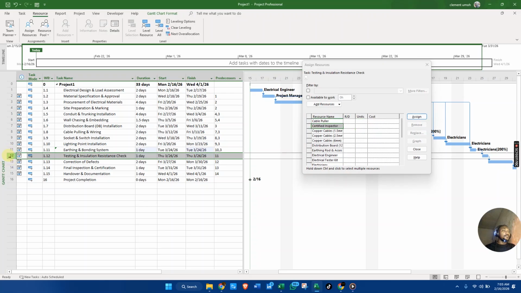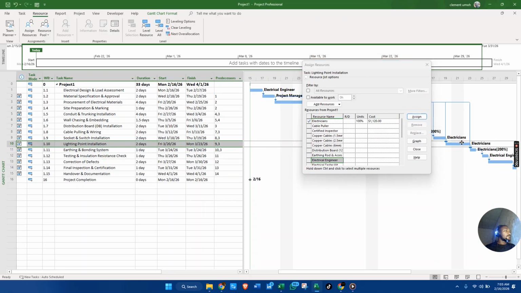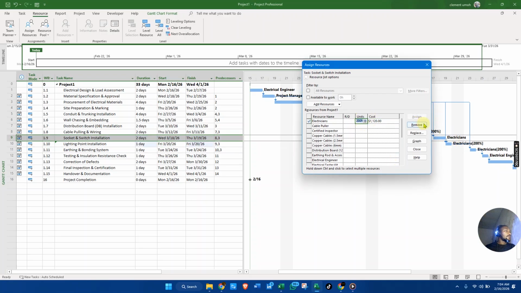Why testing and solution installation is electrical engineer. Electrical engineer. There are two people working here. Why is it not giving what I want?